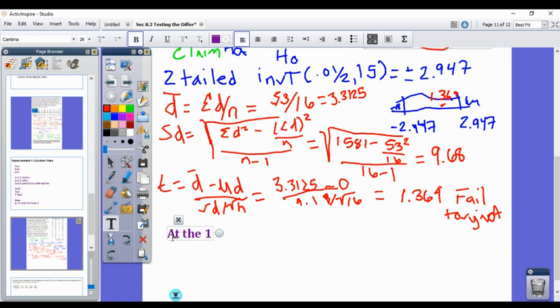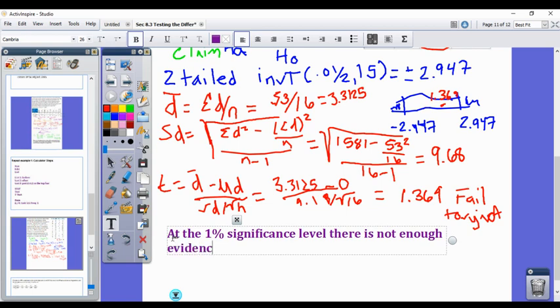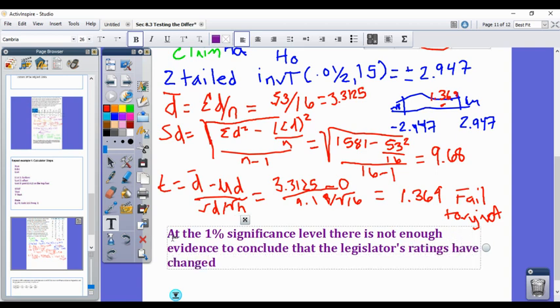At the 1% significance level, there is not enough evidence to conclude that the legislators' ratings have changed.